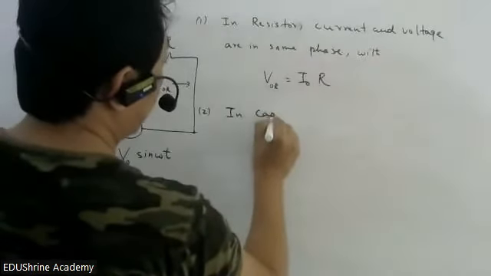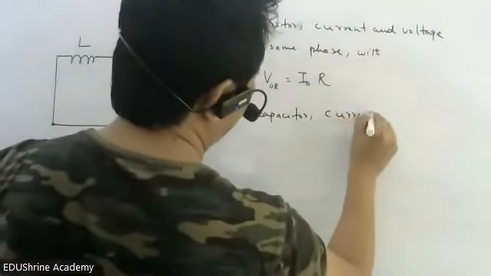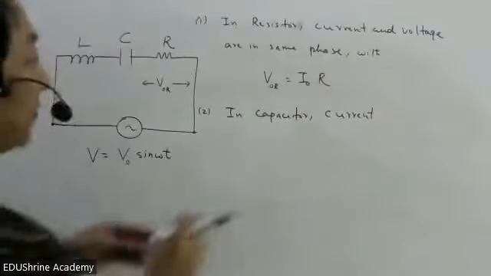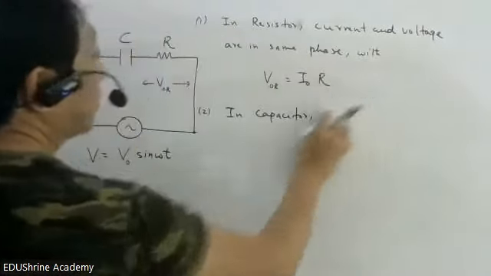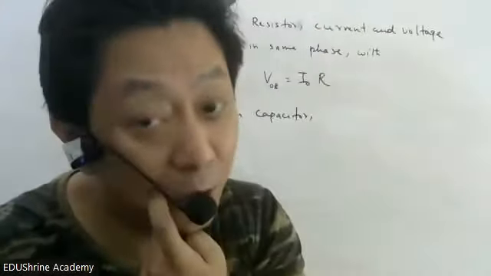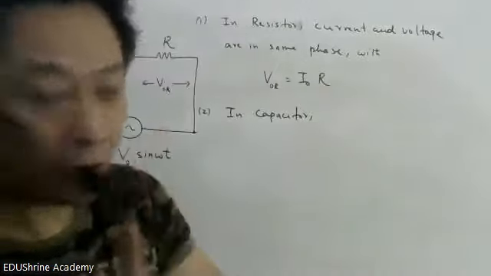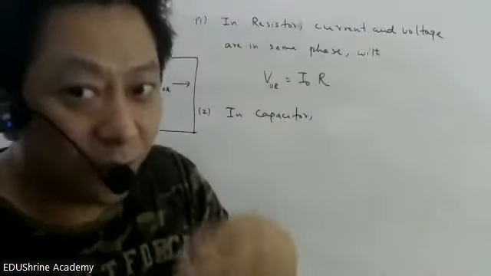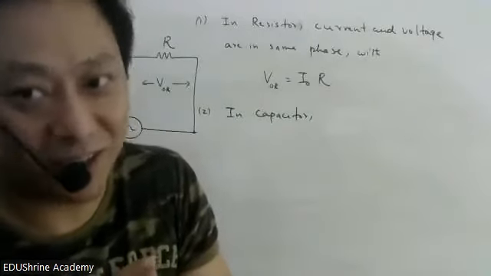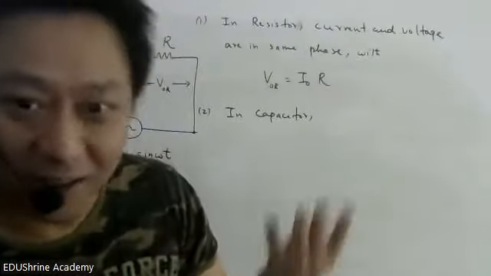In capacitor, we want to keep current as reference, no? Students, if I am ahead of you, then you are behind me, lagging. So in capacitor, actually the way we derived was like this. We told current leads voltage, which I can also say voltage lags behind current. Yes or no?